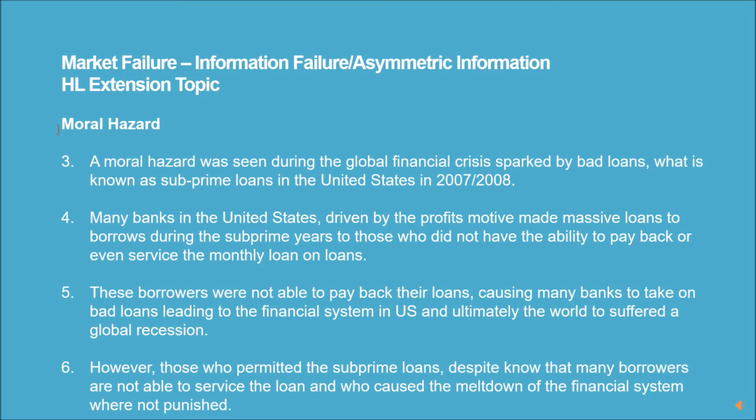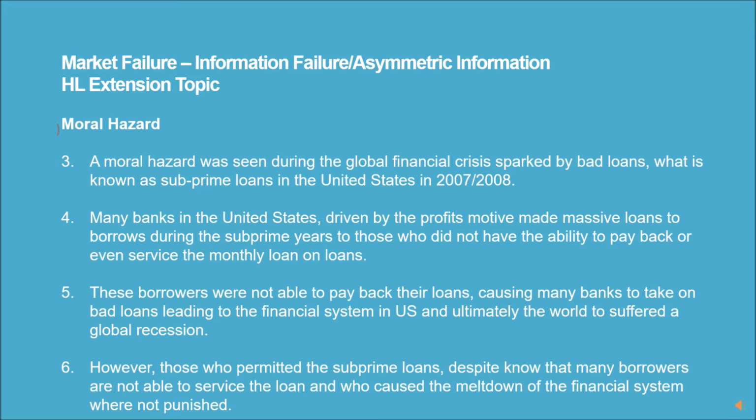3. A moral hazard was seen during the global financial crisis sparked by bad loans, what is known as subprime loans in the United States in 2007-2008. 4. Many banks in the United States, driven by the profit motive, made massive loans to borrowers during the subprime years to those who did not have the ability to pay back or even service the monthly loan payments. 5.